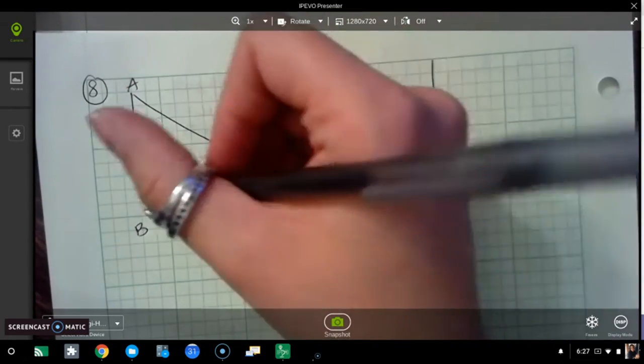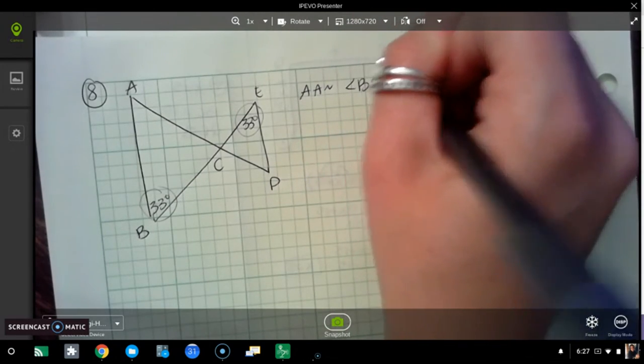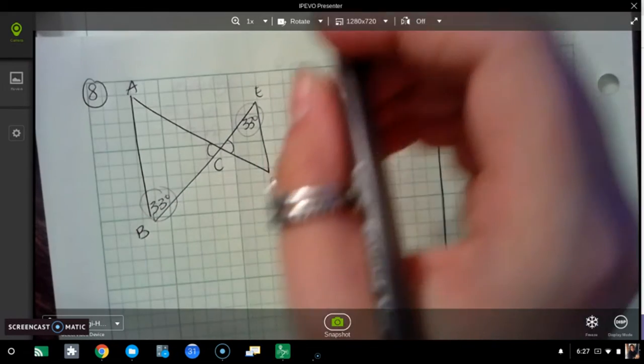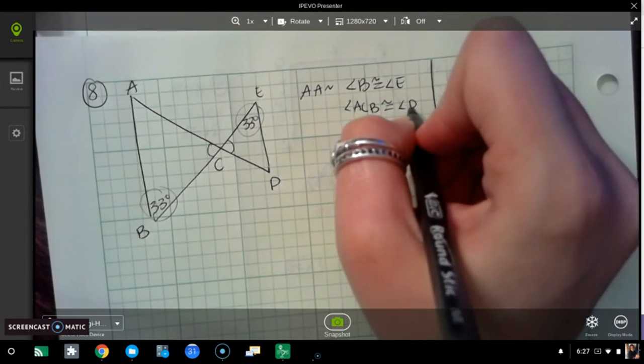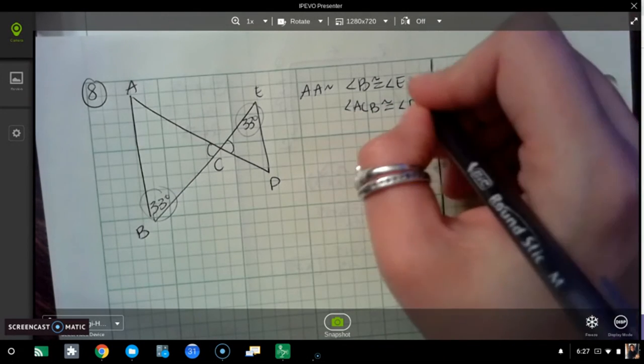So I know that I have these two angles that are congruent. So angle B is congruent to angle E, and that was just given to me. But then I have these two angles right here. So I have angle ACB is congruent to angle DCE, and that was by vertical angles. And these were just given to me.